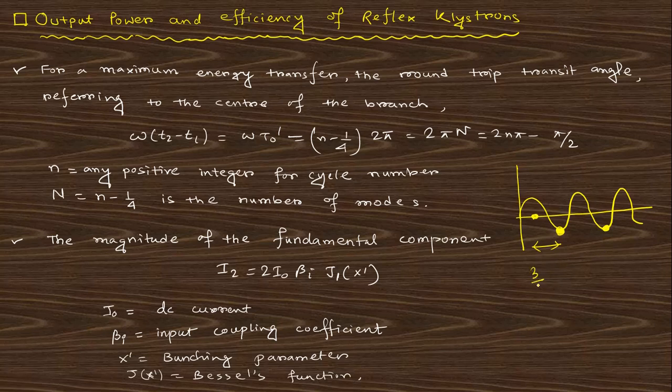So 3 by 4 into 2 pi, or in terms of lambda, that is 3 by 2 pi, right.